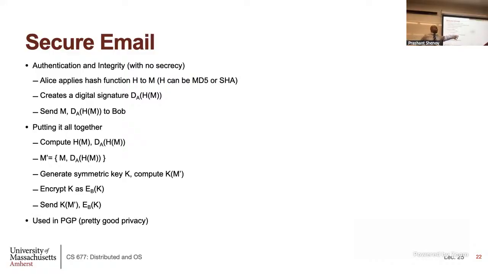Now I do the secrecy part. I compute a key K and encrypt M prime. Then I have to send that key securely, so I'll take Bob's public key and encrypt the key, and then I take the encrypted version of M prime and the encrypted version of the key and send it over. So Bob can extract the key, decrypt the message, verify the signature, and you're done.